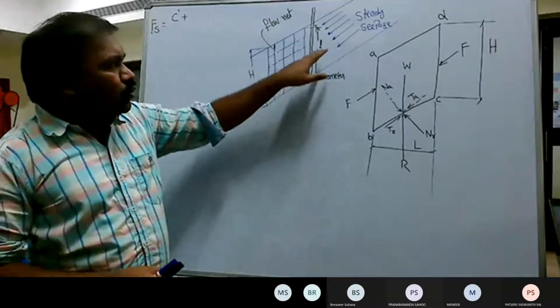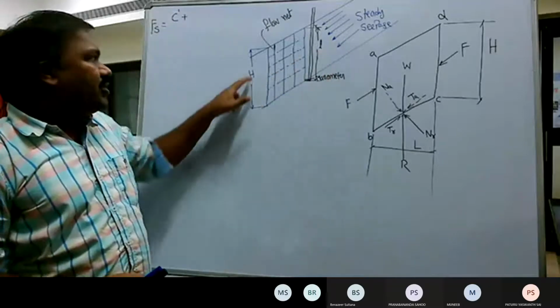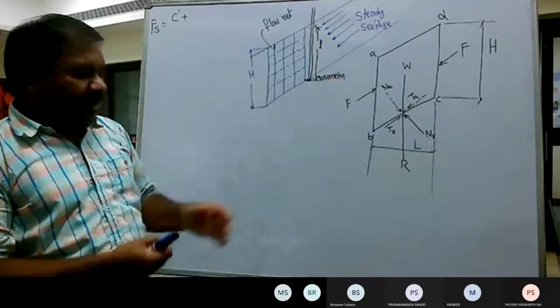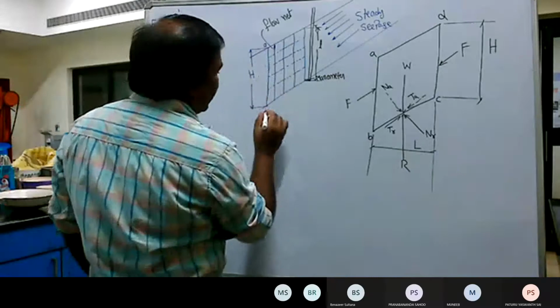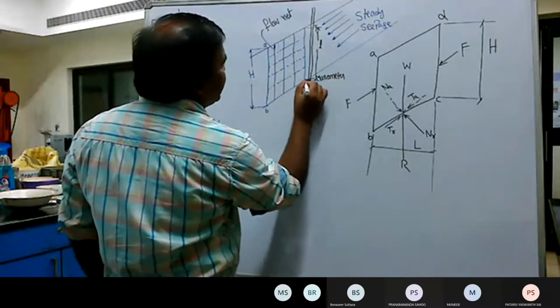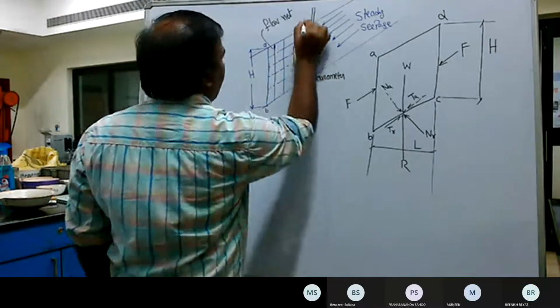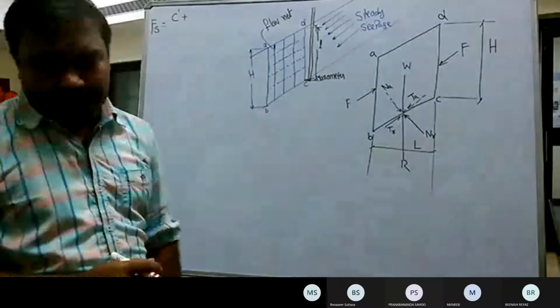Through the soil depth of height h, I have taken a small area designated as A, B, C and D.